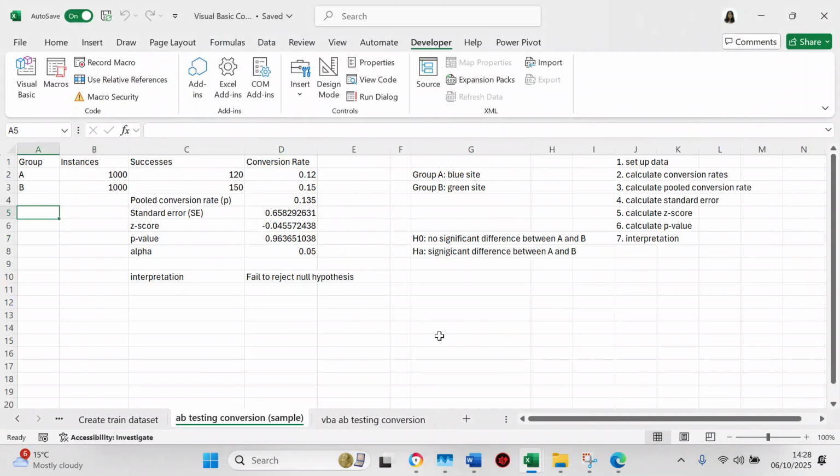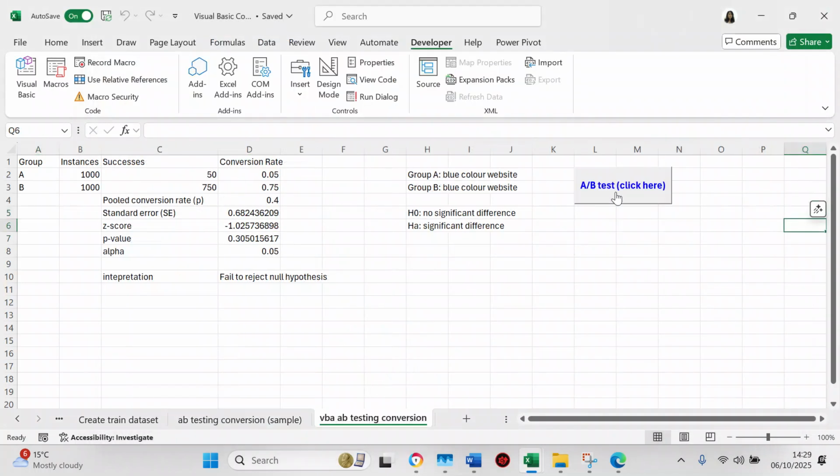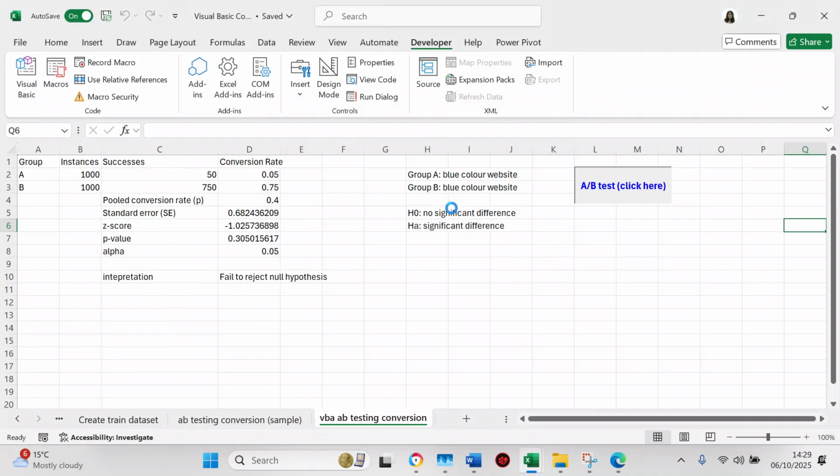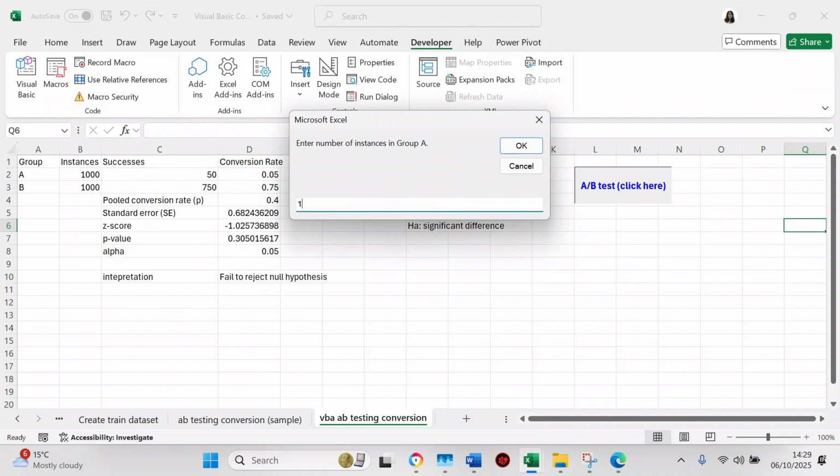Let's try this. I'm going to say 100 and 100.